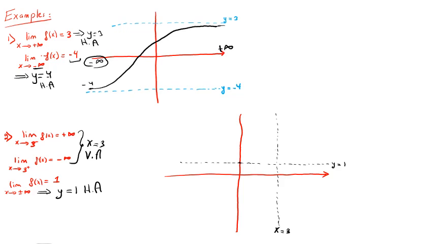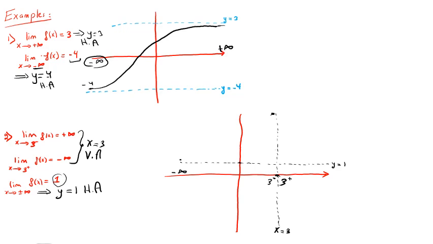Suppose that this function, here we have x equal to 3. At 3 minus it is plus infinity, here we have 3 minus, and here we have 3 plus. At 3 minus it is plus infinity, it is somewhere here, and at x equal to minus infinity, it is 1.